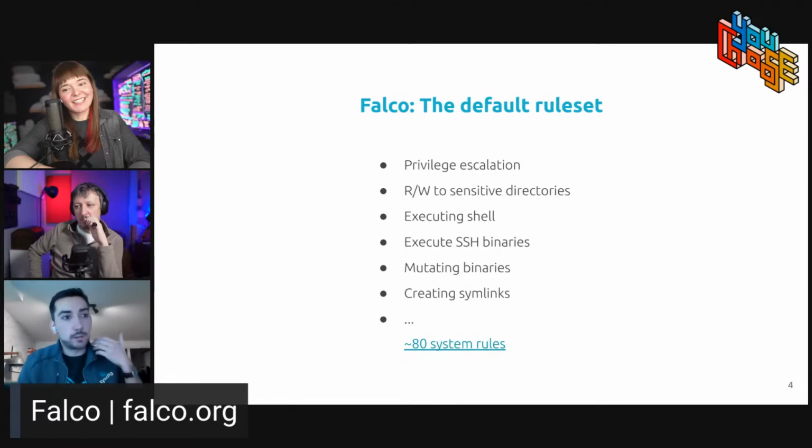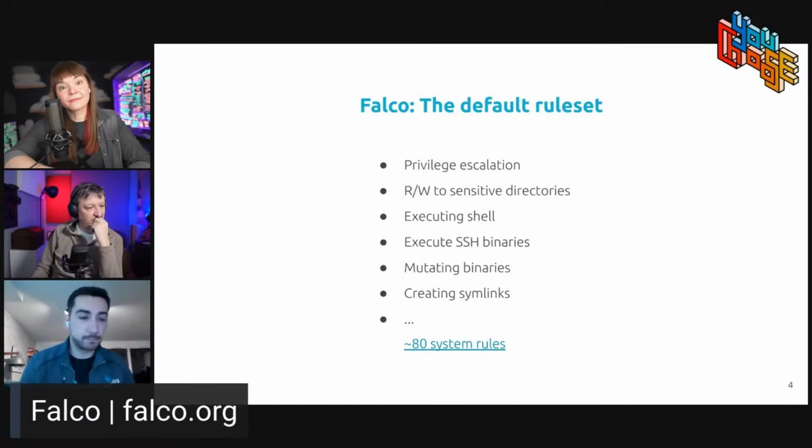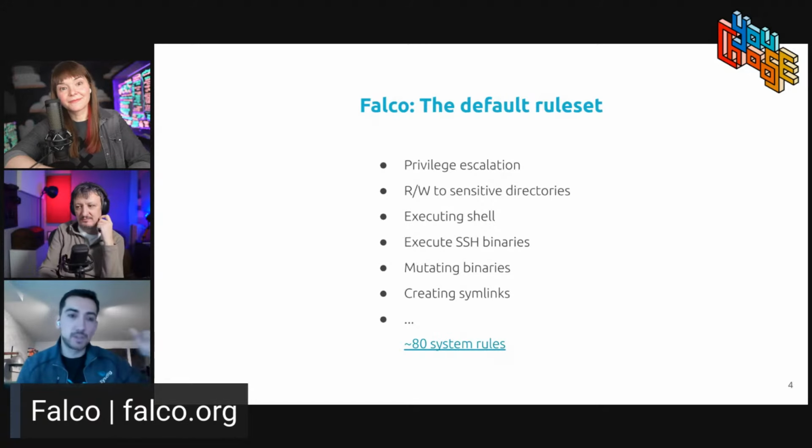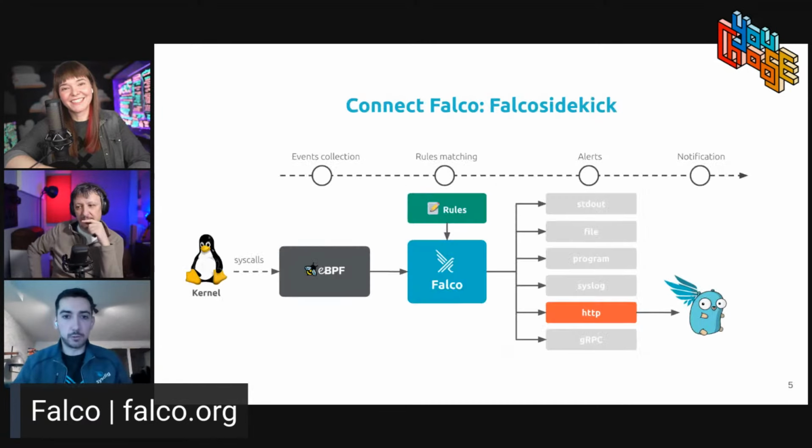They will try privilege escalation. They will try to start a crypto miner or a ransomware, to extract data, and so on. So we have default rules to detect all these events, whatever the solution chosen by the attacker to gain access. It's nice to have these alerts, but it's also nice to integrate Falco inside your already existing infrastructure.